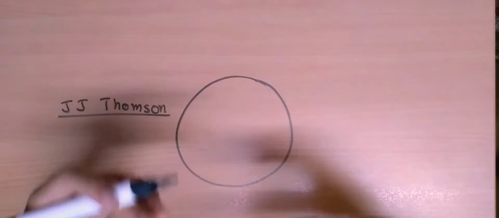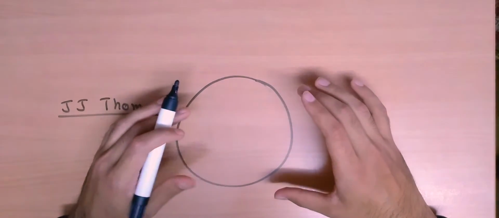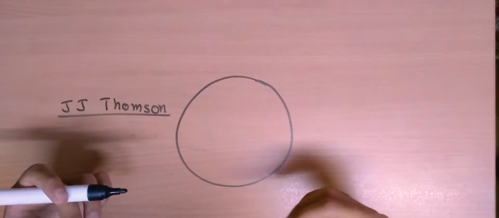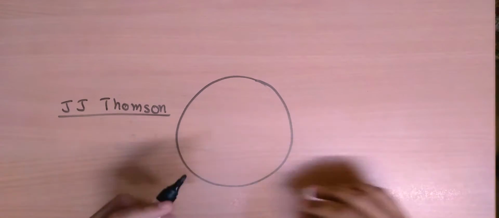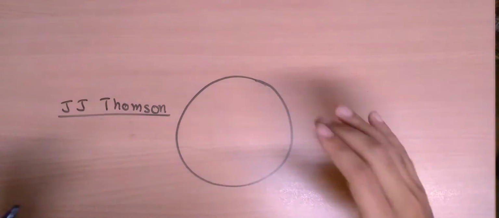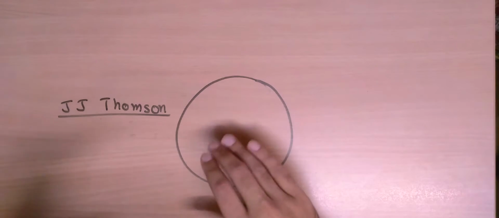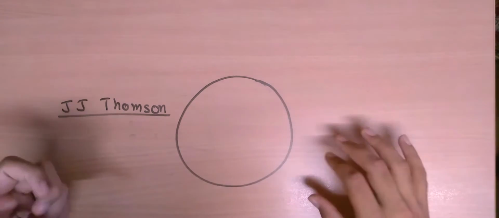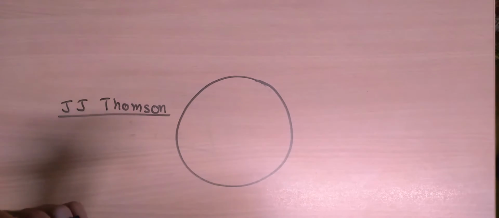through experiments, it was known that if you take any sheet, which is obviously made up of atoms, then under certain circumstances, and I'm not going to get into too much detail about what those circumstances are, they did some experiments and found that some types of matter emit certain types of particles that are charged.